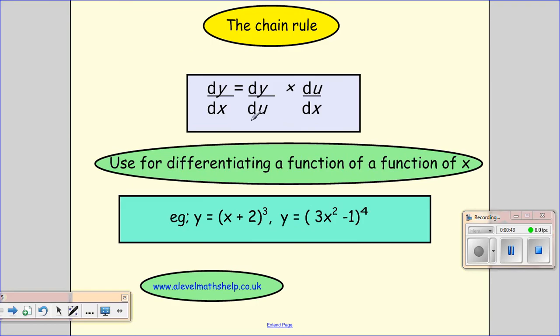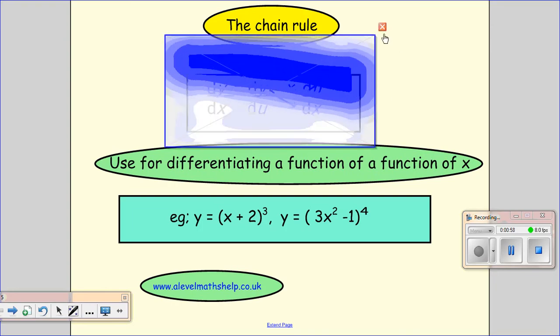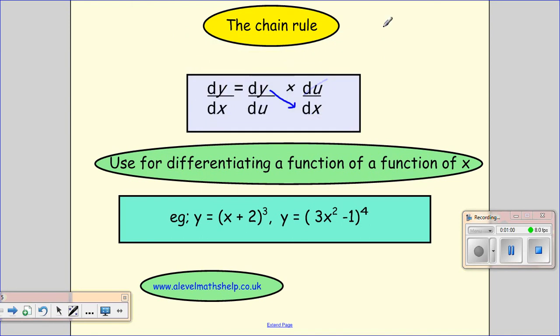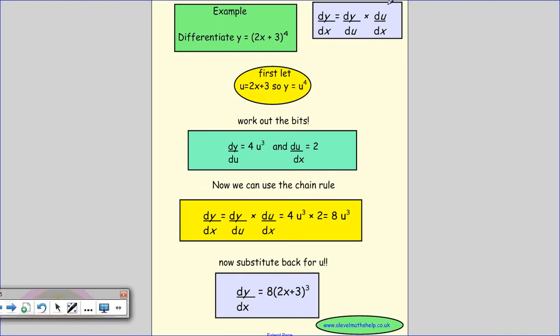And you should see that if you cross cancel here, you go back to being left with just dy by dx. So sometimes people find it difficult and get things the wrong way round, but just do that little check and make sure that if you cross cancelled, you would end up with what you started with.